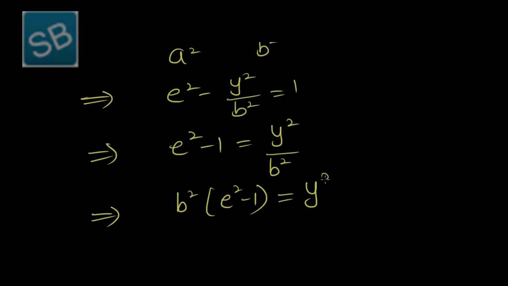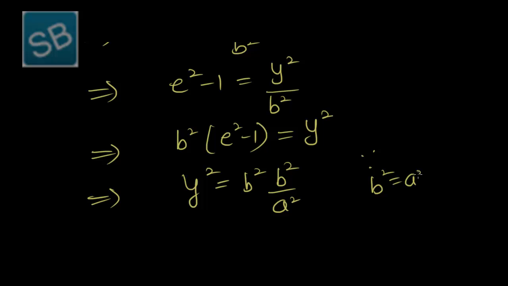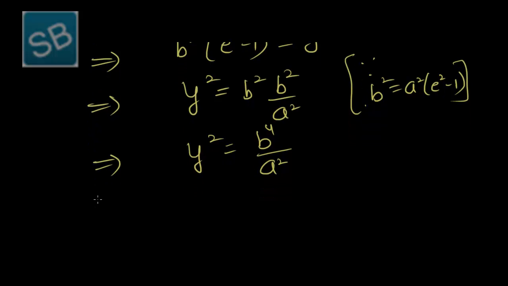The value of e square minus 1 is b square over a square, because b square equals a square (e square minus 1) from the standard equation of the hyperbola. So we get y square equals b raised to 4 over a square, that is y equals plus minus b square over a.